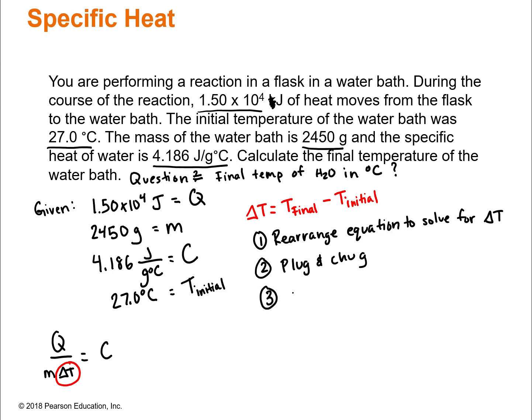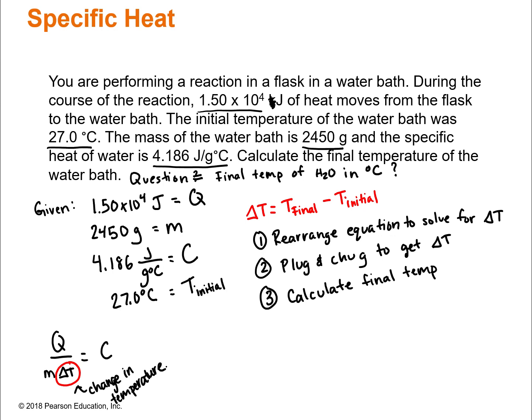Then we're going to calculate our actual final temperature. Because delta T tells us the change in temperature, not what the final temperature is.